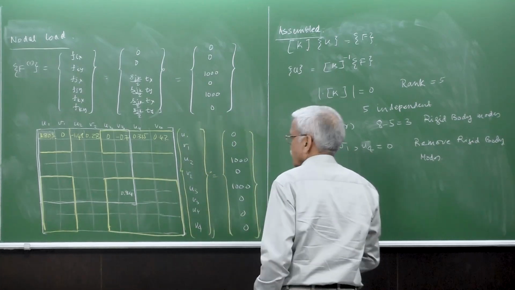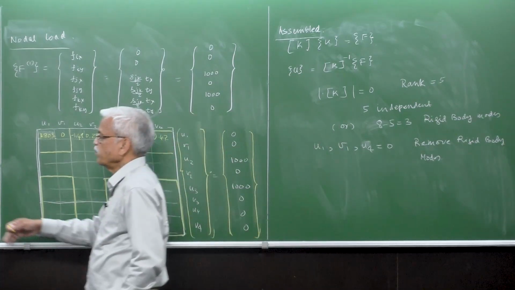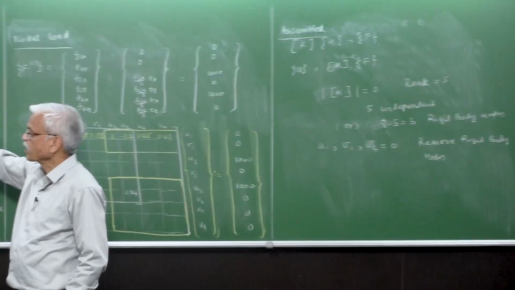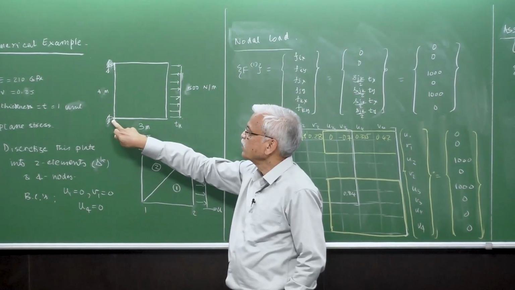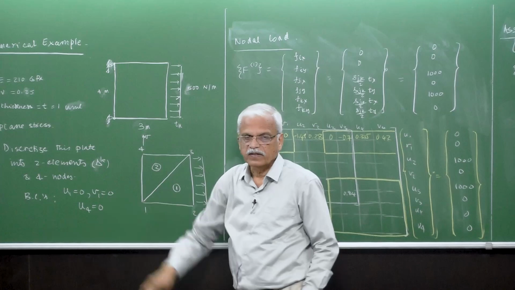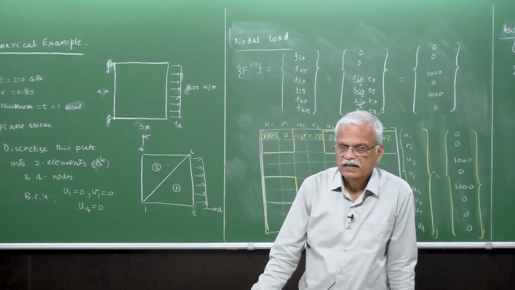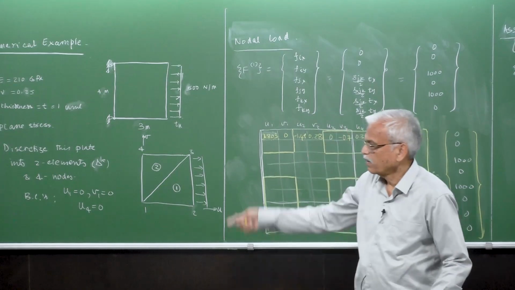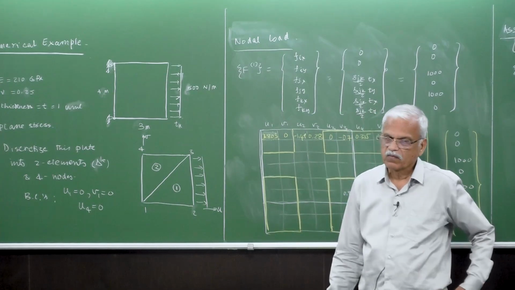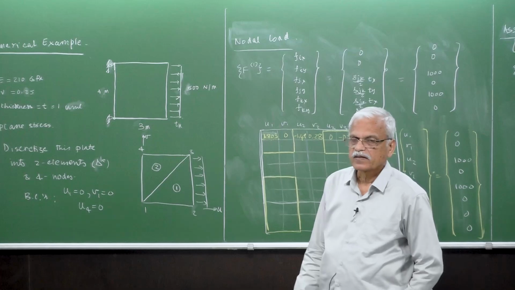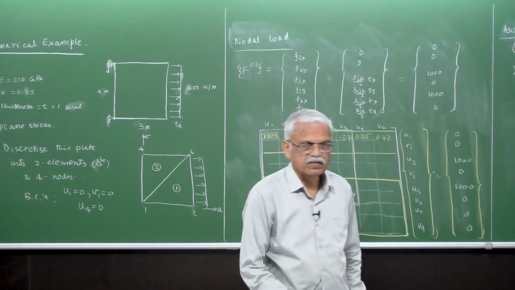That's how the minimum boundary conditions have been prescribed here. These 2 are removed here and 1 removed here, which will essentially remove all the 3 rigid body modes. If you want, you can apply more displacement boundary conditions, but at least these are the minimum boundary conditions.